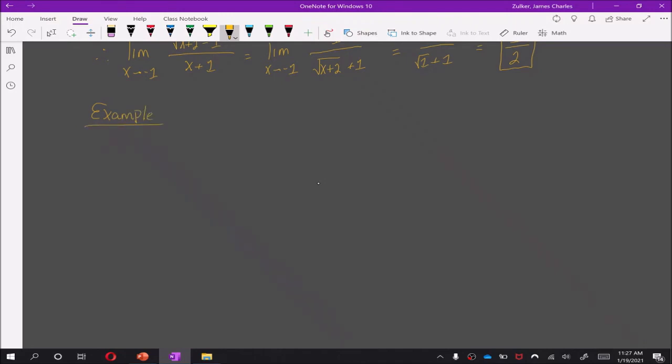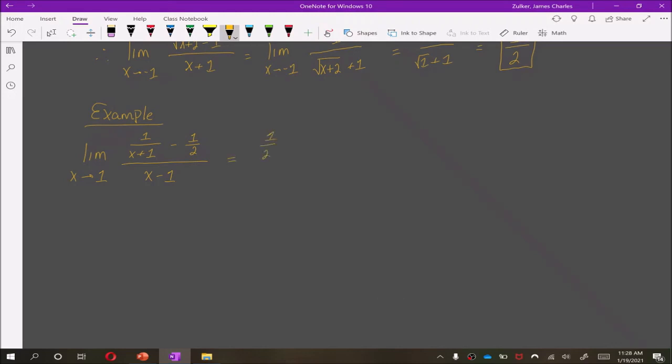Let's now look at this limit. Again, let's plug in x equals 1. Let's see what we get.